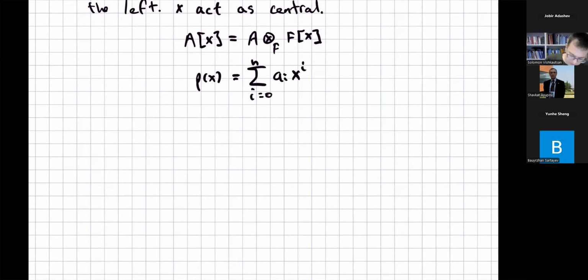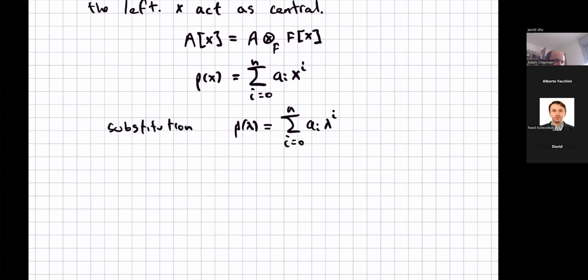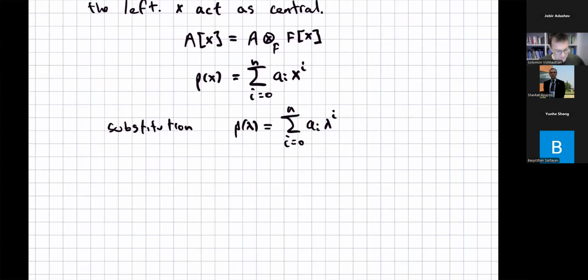And the substitution map we have is P of lambda equals what we expect, the sum of a_i lambda to the i. It seems very natural, but it turns out that this substitution map is not a homomorphism, so it has a bit of strange properties, and it's very easy to make mistakes when working with them.